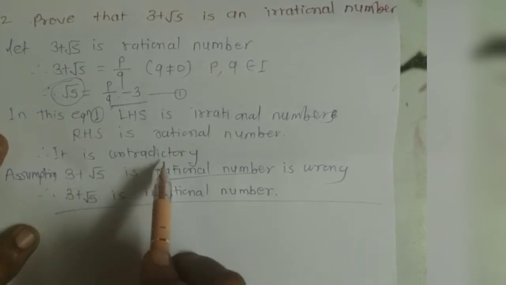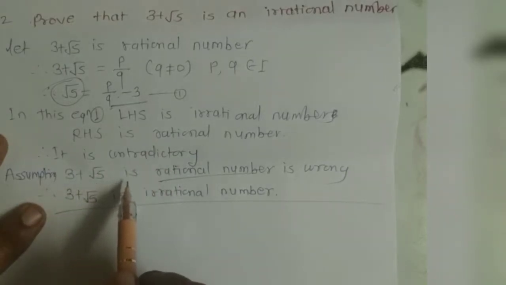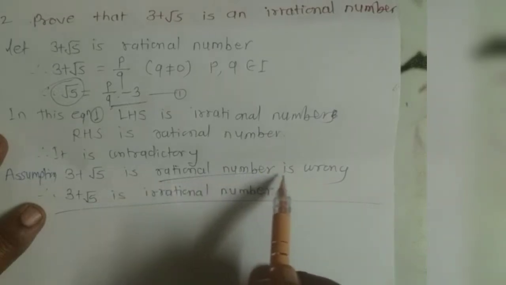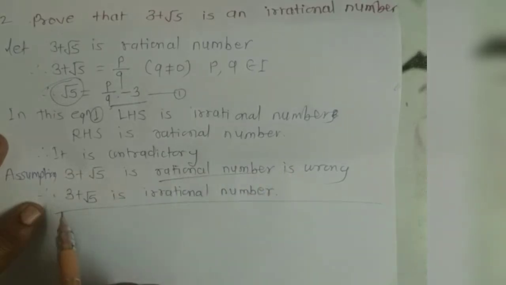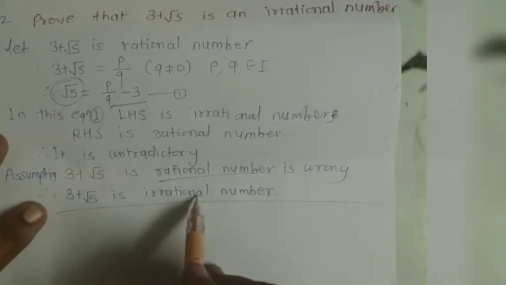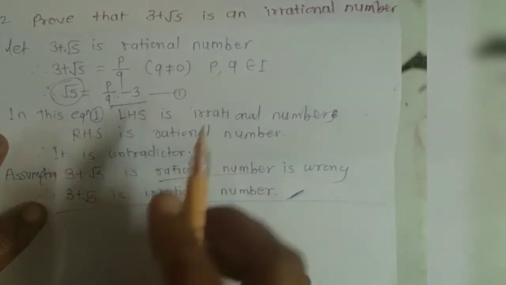But it is contradictory, and that's why our assumption that 3 plus root 5 is a rational number is wrong, and its opposite remains, that 3 plus root 5 is an irrational number, and it is the proof of our required statement.